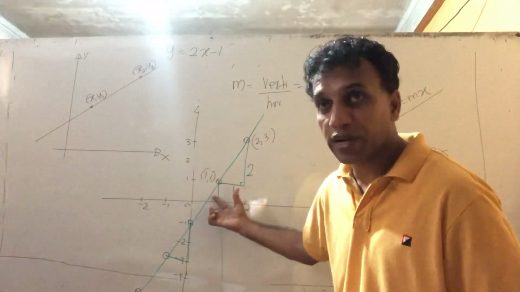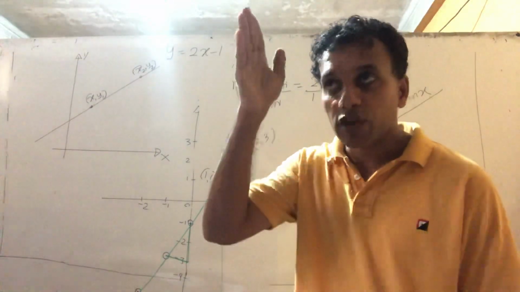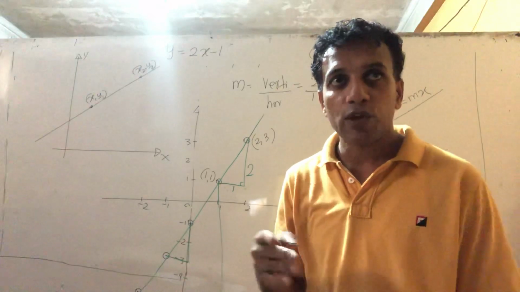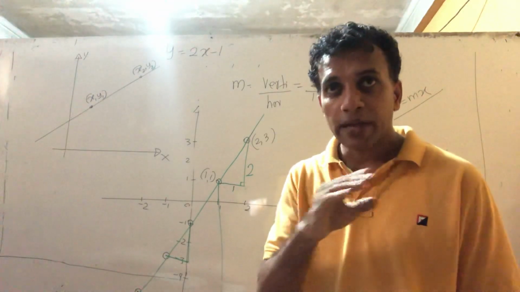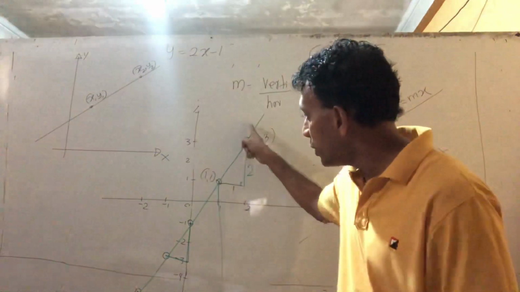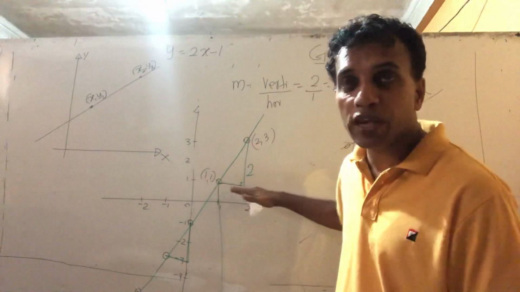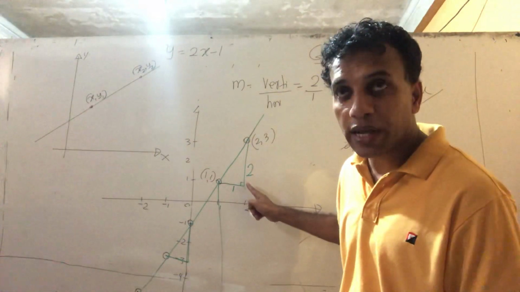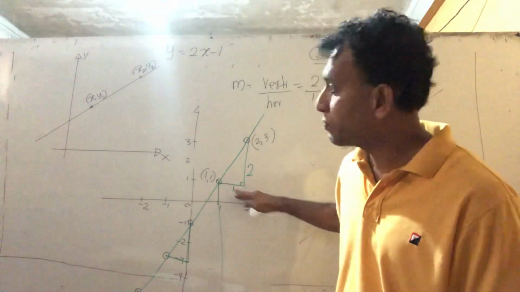We find the difference. That's the idea. So gradient is vertical divided by horizontal, but when we use it in problems, we write it like this: gradient equals difference between the y coordinates divided by difference between the x coordinates.